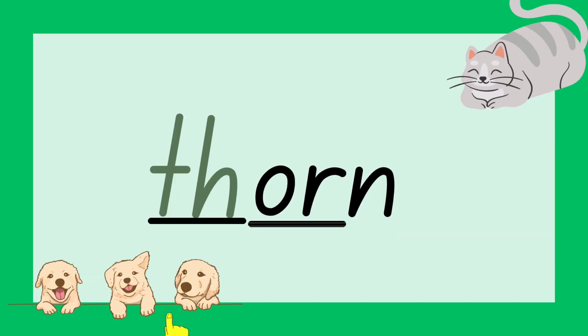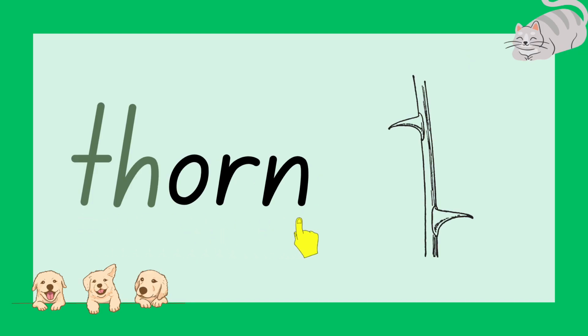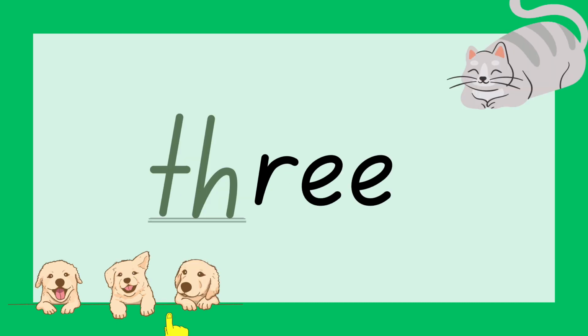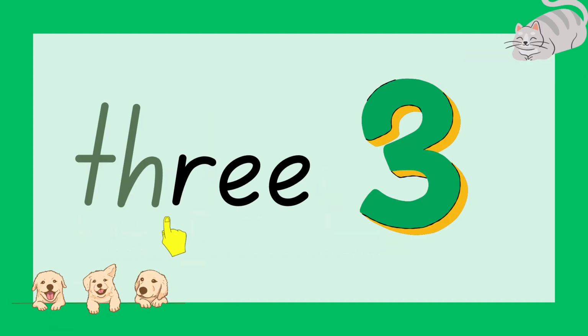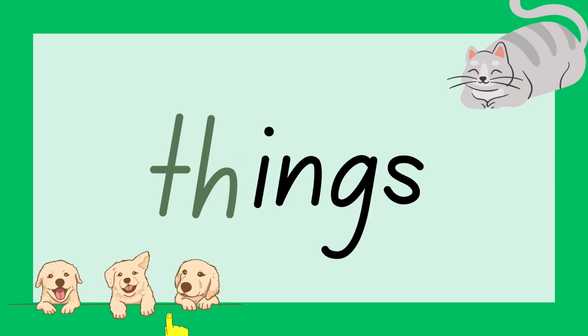Th, o, r, n, thorn. Thorn. Th, r, e, e, three. Three. Th, i, ng, s, things.